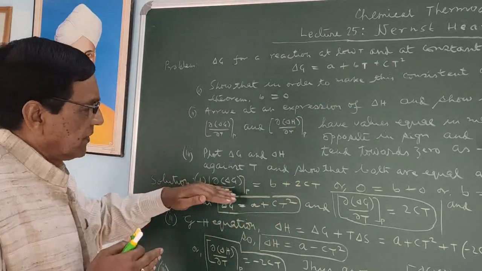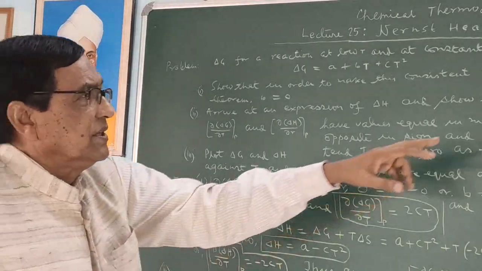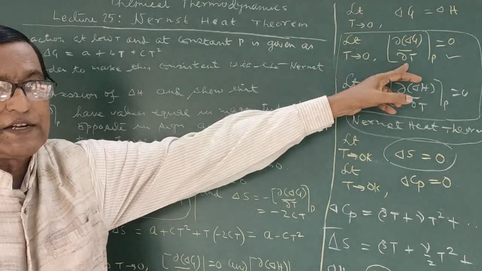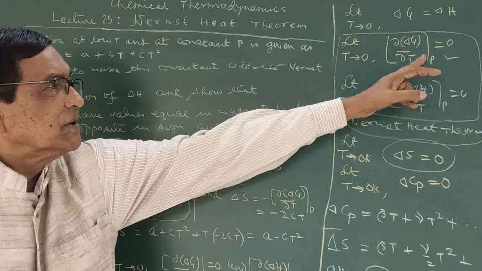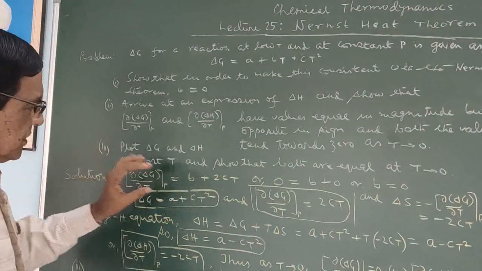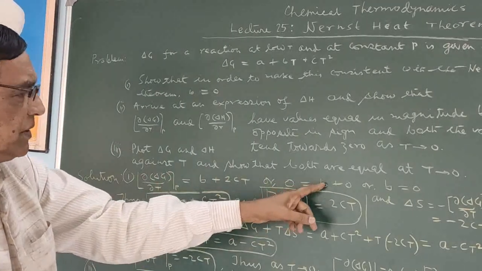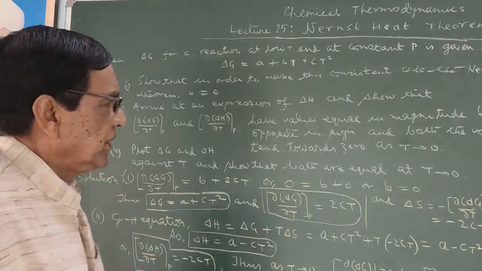If this is to be consistent with this Nernst heat theorem, then del delta G by del T at constant pressure must be equal to 0. So if we keep this equal to 0, then 0 equal to B plus 2CT, with T equal to 0, so B equal to 0.